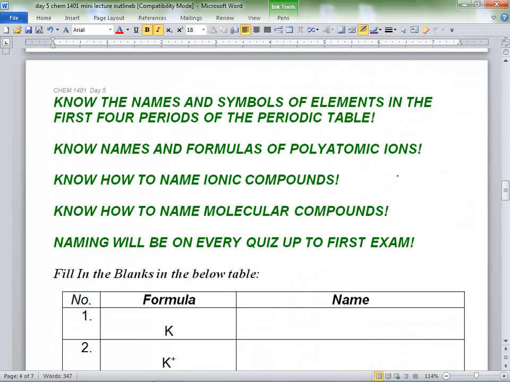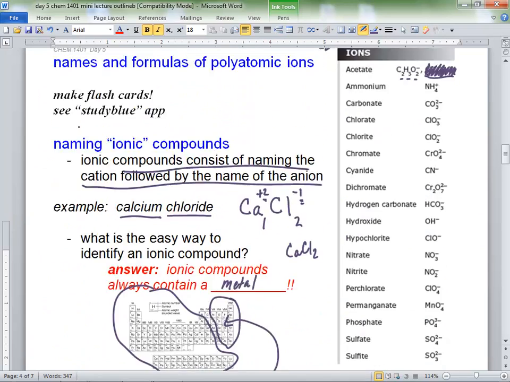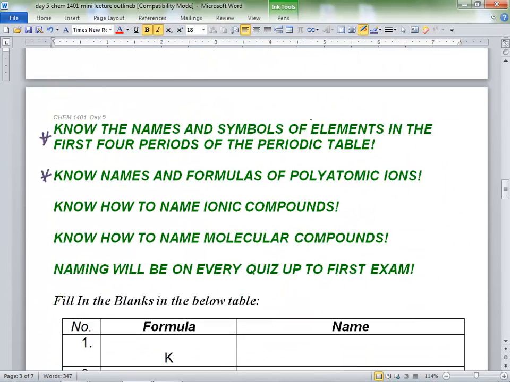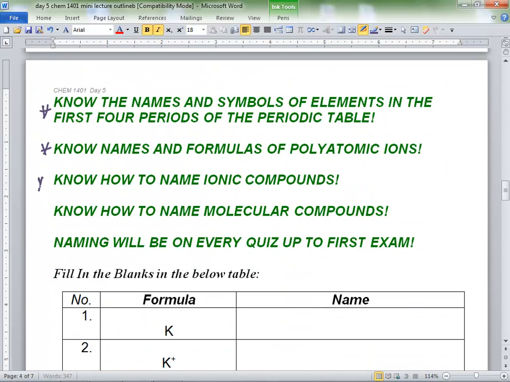So there's a lot we're going to have to be knowing here. We need to know the names and symbols of elements in the first 4 periods of the periodic table, right? Maybe even more after a while here. The names and formulas of the polyatomic ions. That's that stuff in this table. Know how to name ionic compounds.